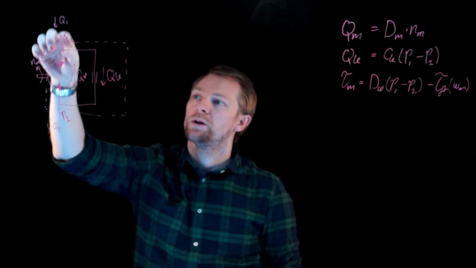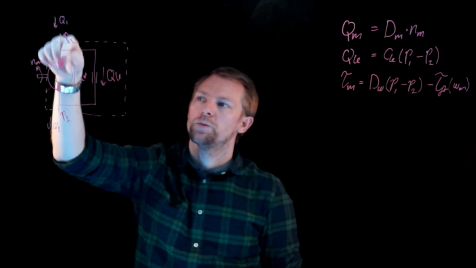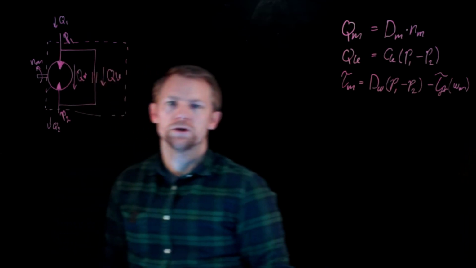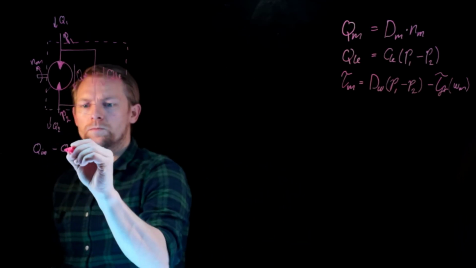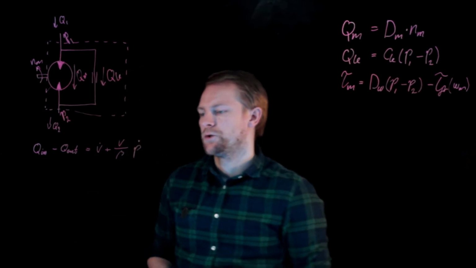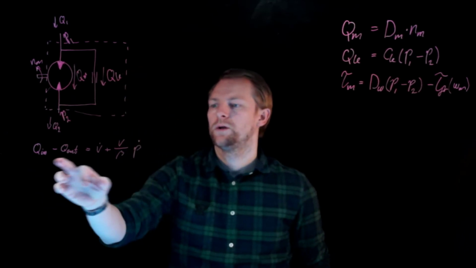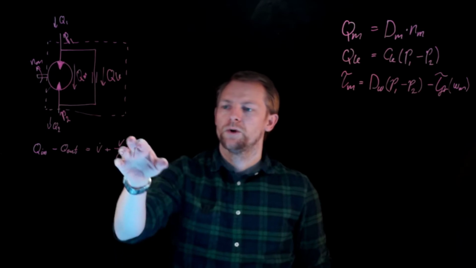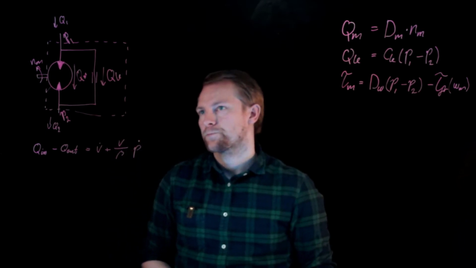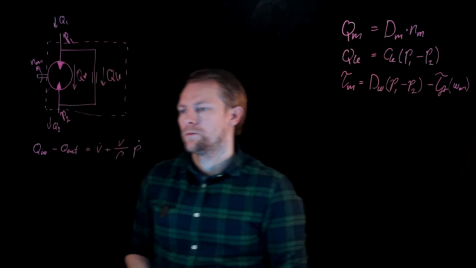So it could be including the hose connection or the pipe connection to the motor. So if we set up continuity equation, the general continuity equation where we have flow in, flow out, change in volume, the volume over bulk modulus times our pressure gradient. So let's set that up for our two control volumes.